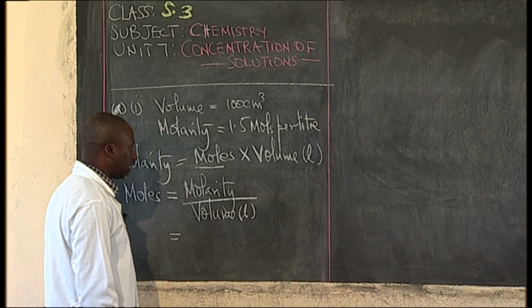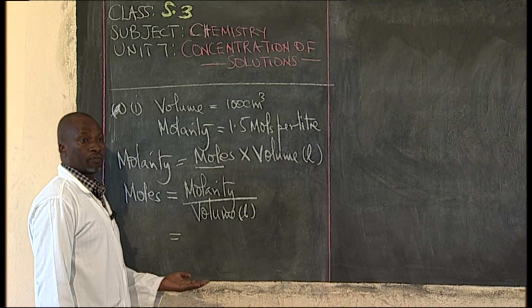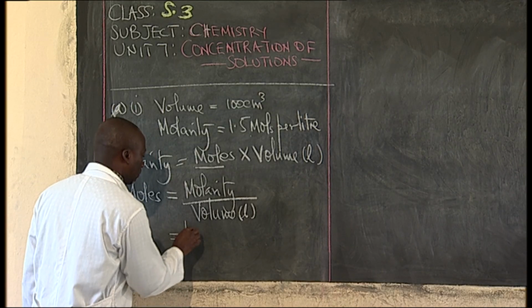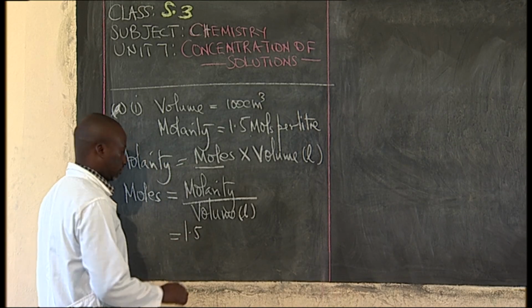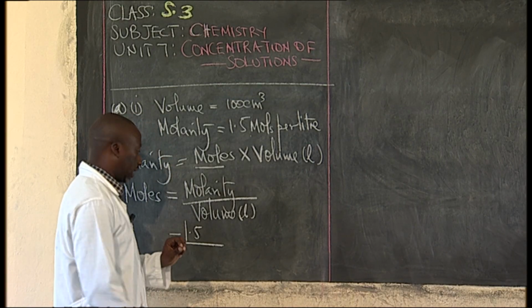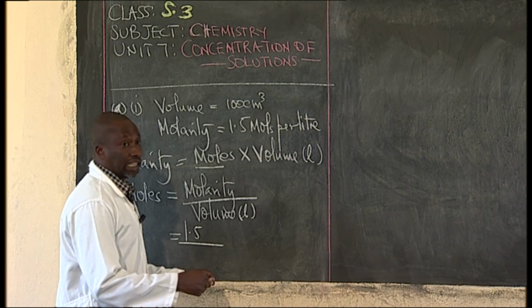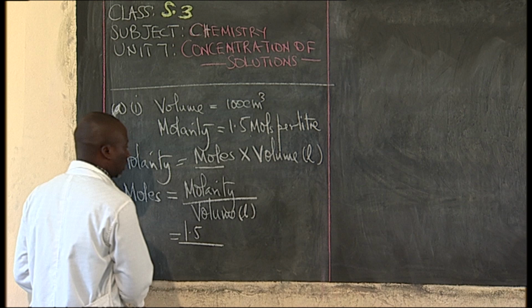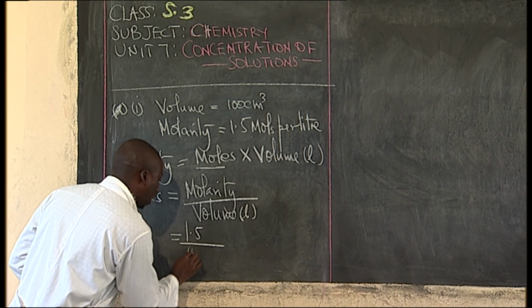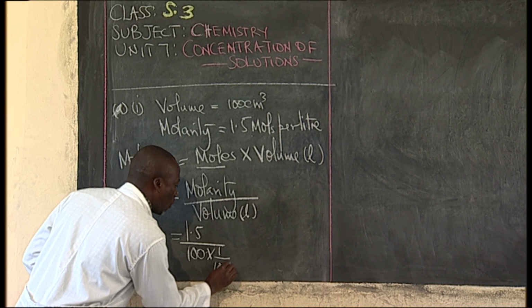You have the molarity, which is 1.5 moles per decimeter cubed, times the volume, which is 100. But I said the volume has to be converted into liters. So that means it will be 100 times 1/1000.